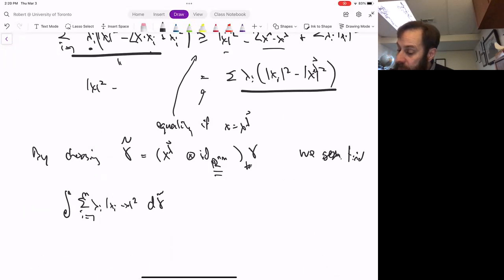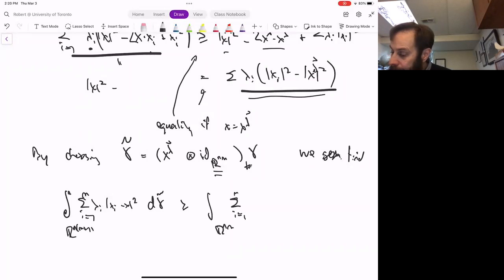We find that this is always bigger than the integral of this function. So this is an integral over R^{nm+1}, and this is an integral over R^{nm} of d gamma.